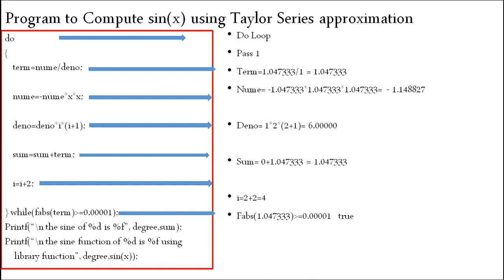So that is fabs of 1.047333 greater than or equal to the very small number, that is 0.00001. If it is true, again it goes back to the do loop. If it is false, it will come out of the program. As of now, 1.047333 is greater than my smallest number. So it is true. Again I want to go for a second pass.